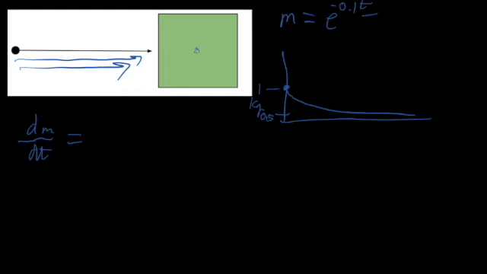Whenever you have e to the value of something times the variable that you're differentiating with respect to, you take the derivative of the top part, which would be negative 0.1, because a constant times the variable, that's always the constant. Then we multiply it by e to the same thing. So this gives us the change with respect to time of the mass of the system.